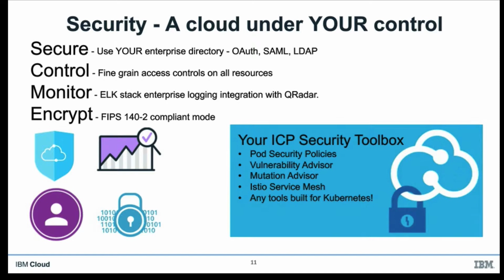Next is the encryption. We've got the FIPS 140-2 gold standard compliant mode. What this means is that we can keep your data encrypted at rest and in transit. We can encrypt what we call pods, but pod-to-pod traffic on the fly inside of Kubernetes and also leaving the cluster. So a pod is a unit of deployment in Kubernetes.